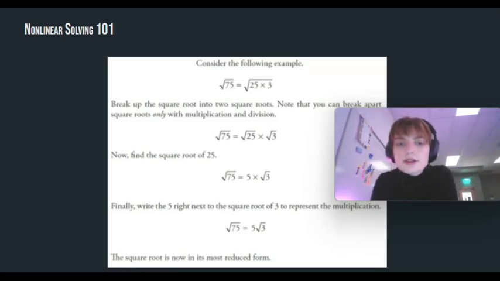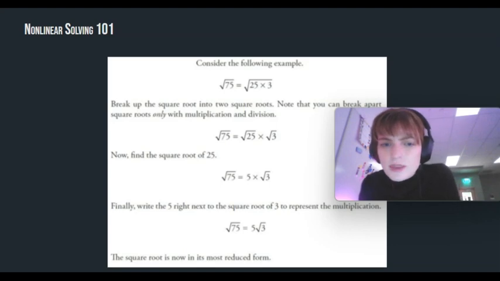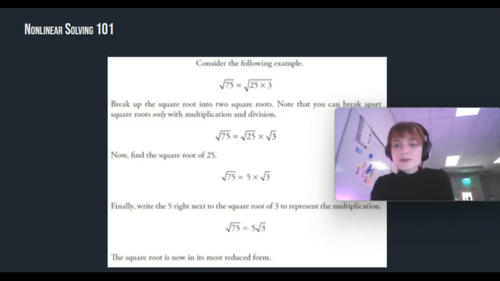So consider the example on your screen. The root of 75 is equal to the root of 25 times 3. If you break up the square root into two square roots, note that anything under the square root symbol can only be broken apart with multiplication or division.